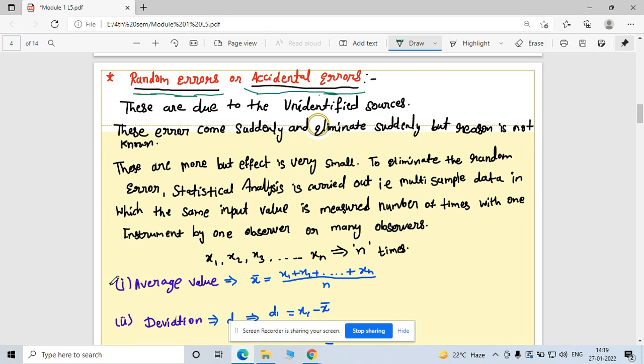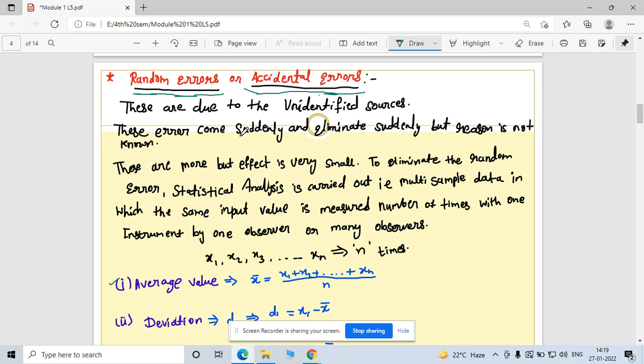For example, average values. If you take a number of readings from x1 to xn, you are taking n readings, and each time you will get a different value for a constant measurement, right? See, read out all these definitions. This is due to unidentified sources.